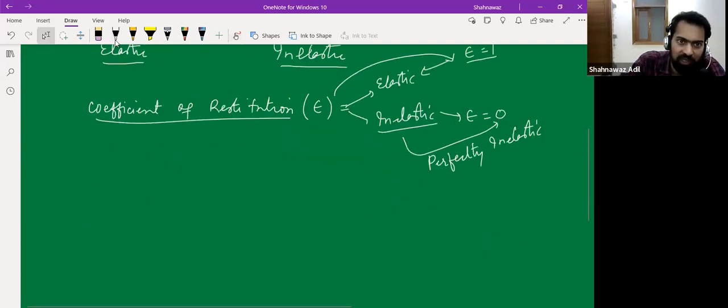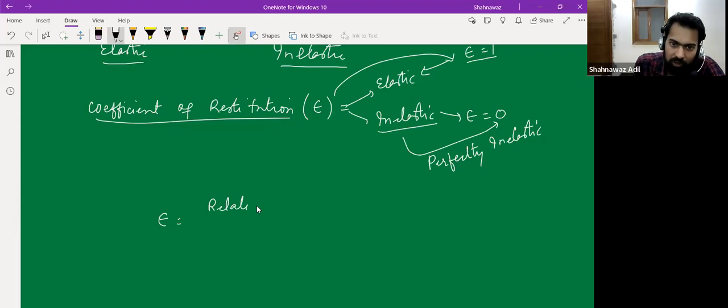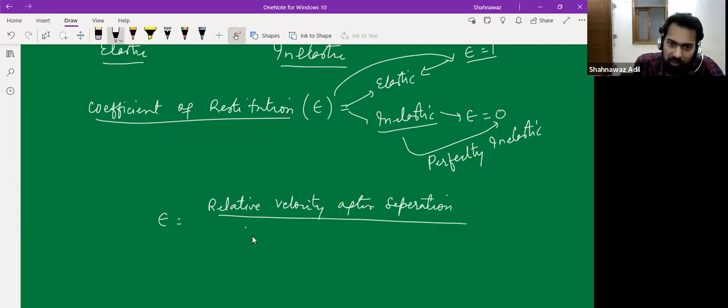It is given by: epsilon is the relative velocity after separation, or after collision, divided by the relative velocity before the collision.